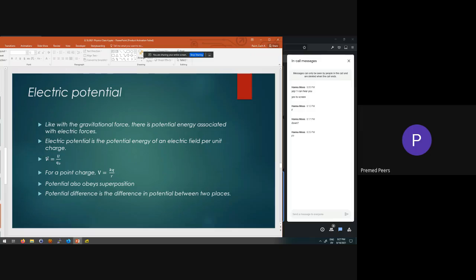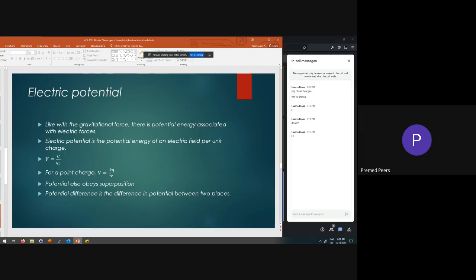It's called V. You might hear it called voltage. The units are volts. U is potential energy, so it's U divided by that test charge again, the charge we place to measure the effect. You don't know how to calculate U yet, but we'll see that in a moment. And of course, you could just be given U and asked to find the potential.